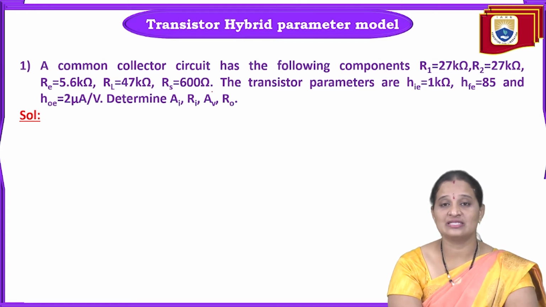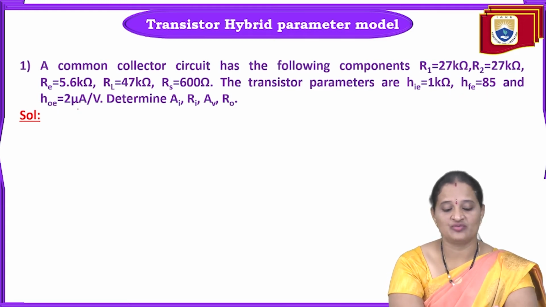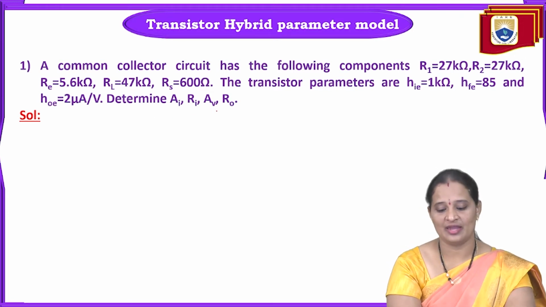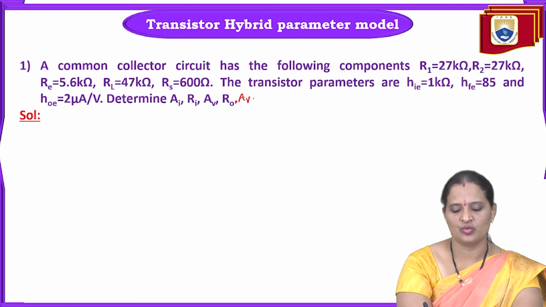RS value is 600 ohms, and the transistor H parameters are HIE 1 kilo ohm, HFE 85, HOE 2 micro ampere per volt, and HRE is not given. Determine AI, RI, AV, R0, and you can also calculate two more, AVS and AIS.